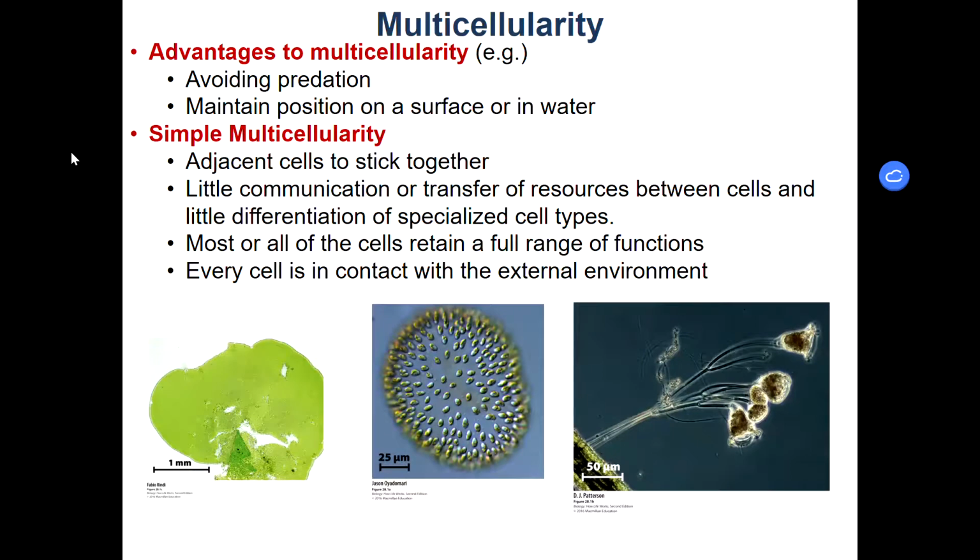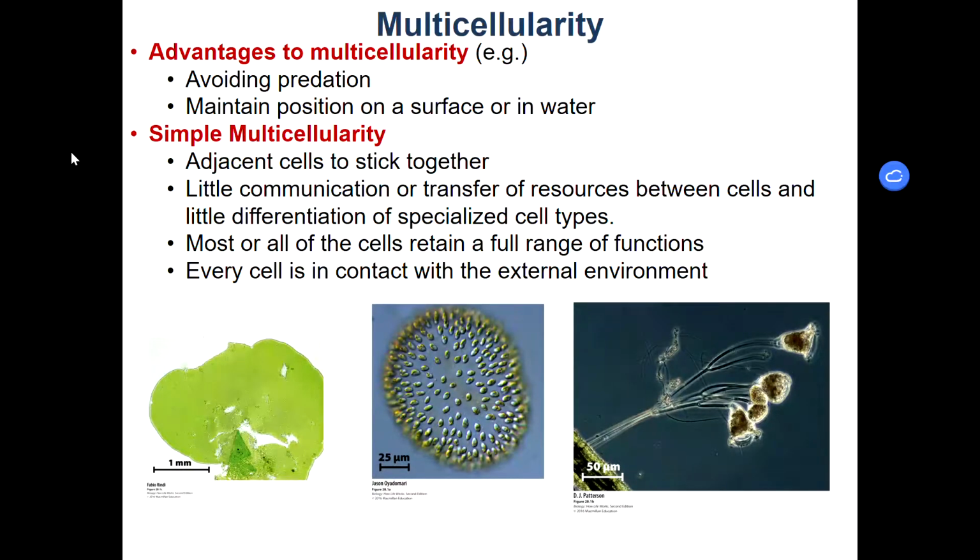Also, it helps you to maintain a position on the surface, like a terrestrial, ground, land environment, or in water. So for those of you who have had lab already today or yesterday, you looked at a lot of different eukaryotes and some prokaryotes. And what did you notice about some of those organisms when they were moving?